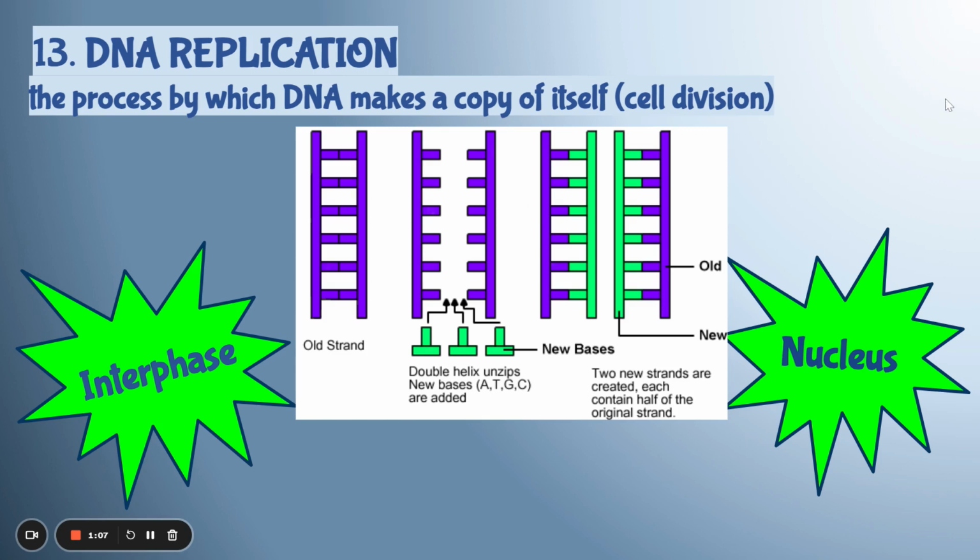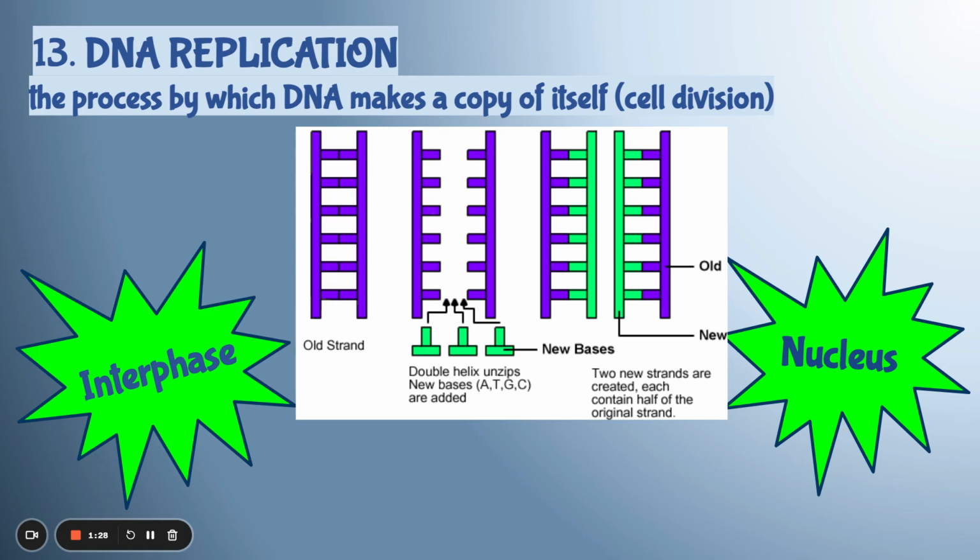But if you're talking about some bacteria that doesn't do mitosis, instead it does binary fission, it still has to copy its DNA before it splits, and it would occur in the cytoplasm because it doesn't have a nucleus.